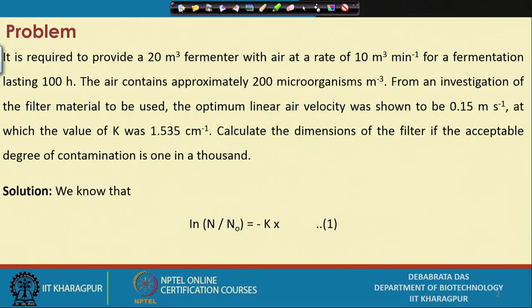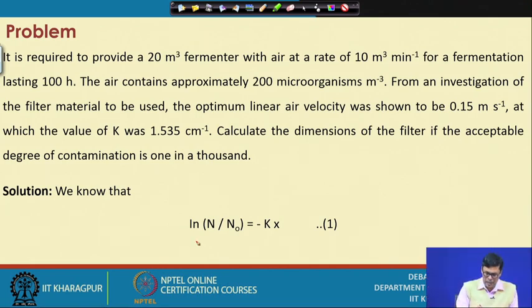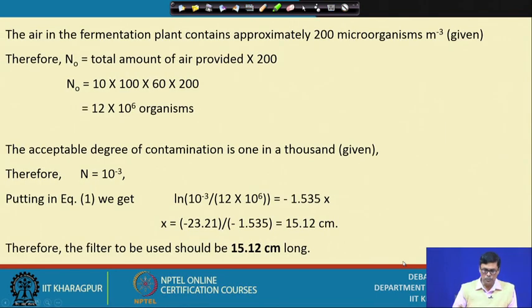Now, in the last lecture I have shown you that the thickness of the filter can be correlated with ln n by n0 equal to k into x. Now, how do you calculate how much organism is present in the air? Let me show you.